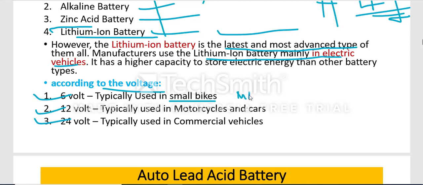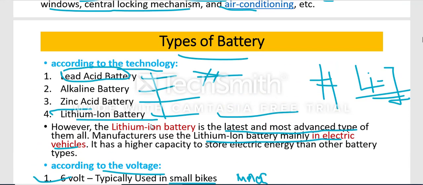Then next is 12 volt battery, typical 12 volt battery used in motorcycles and cars. Okay, then the 24 volt battery typically used in commercial vehicle, or we can say in heavy vehicle. This 24 volt battery is used. Okay, so this is all about the battery basics.